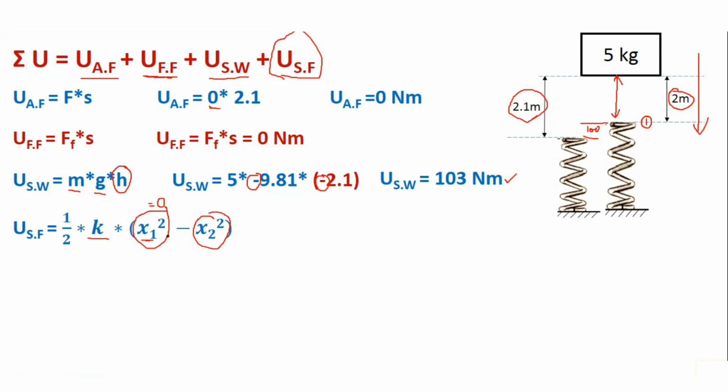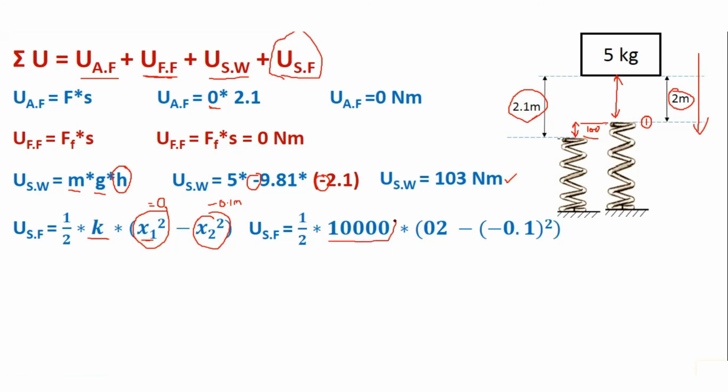For step 2 we are given that this spring has been compressed by 100 mm. So what will be my x2? My x2 will become minus 0.1 meters because it is compressed by 100 mm. Substituting these values I will get half into 10,000.